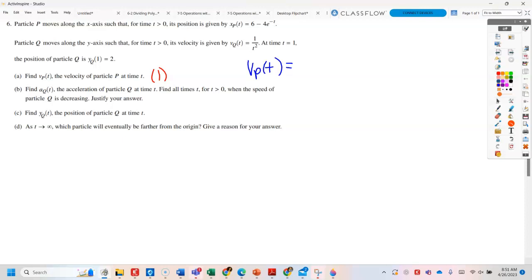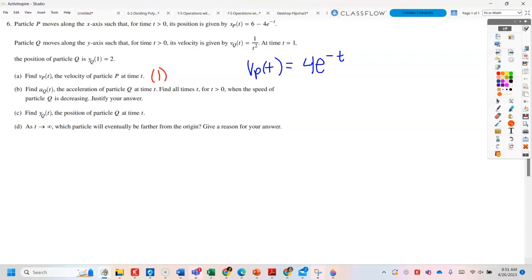So the derivative of position in this case, what they're making sure you do is take the negatives and make them positive. So the derivative of 6 is 0, and the derivative of negative 4 e to the negative t, well, e to the anything is the same. So you have negative 4 times negative 1, which becomes positive 4.